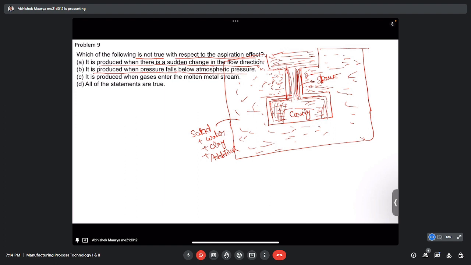Gas can enter inside the molten metal only if we create some vacuum, or some pressure lower than atmospheric pressure. Then only the gases which were not earlier present inside the molten metal can enter into it. So now let's zoom into this part.